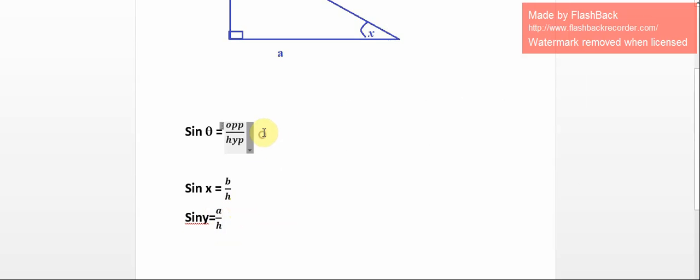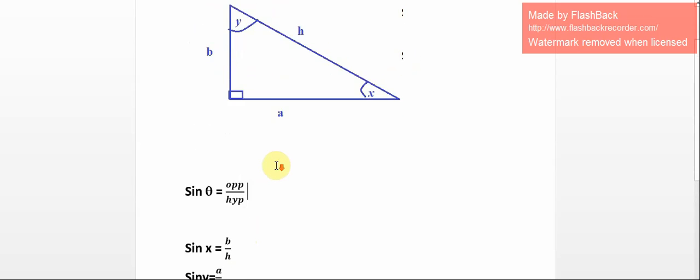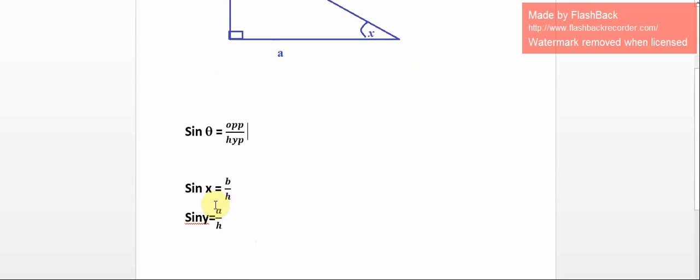The formula for sine theta is always opposite over hypotenuse. With regards to this diagram, if I'm referring to sine x, this is the opposite, so it will be b over h. If I'm referring to y, sine y will be a over h. Take note of that.